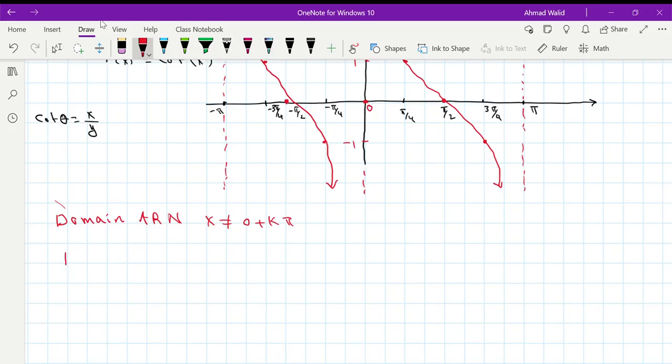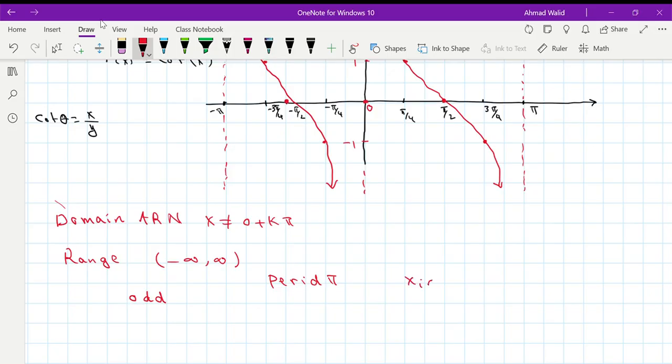Range is the same. Ranges from negative infinity to positive infinity. Your function is still odd. It's an odd function. Period is still pi. Correct?